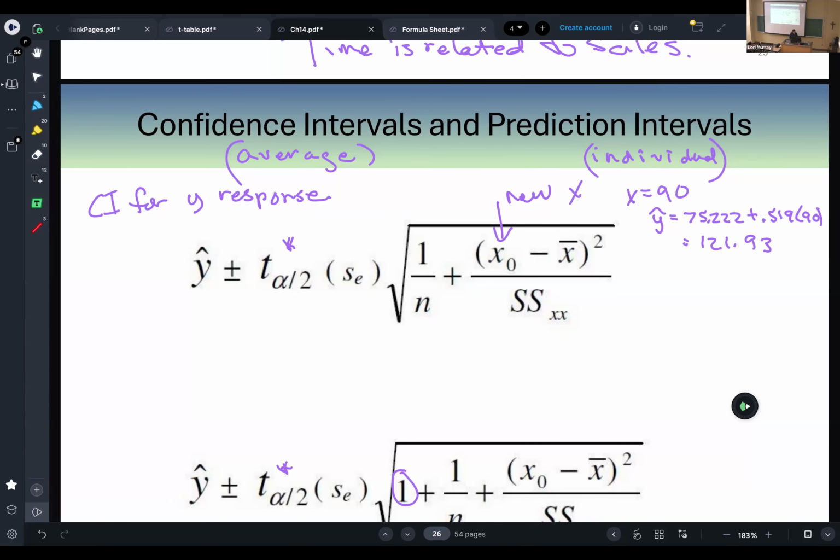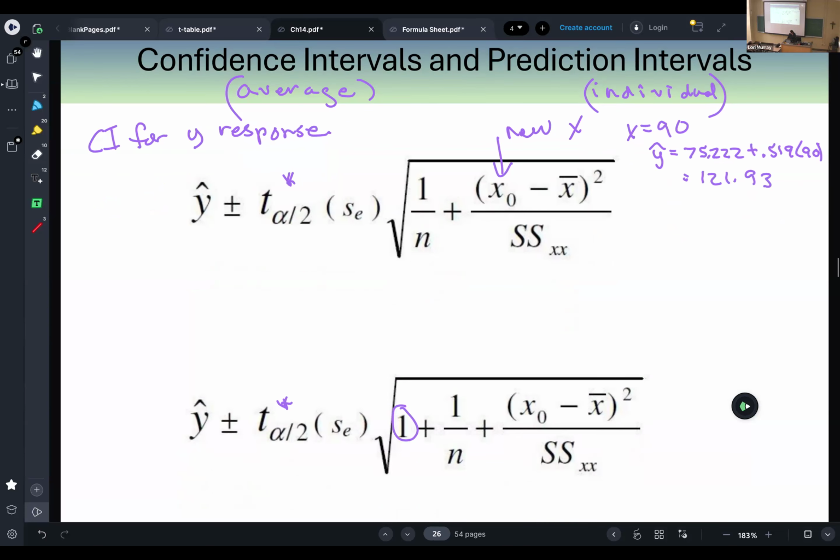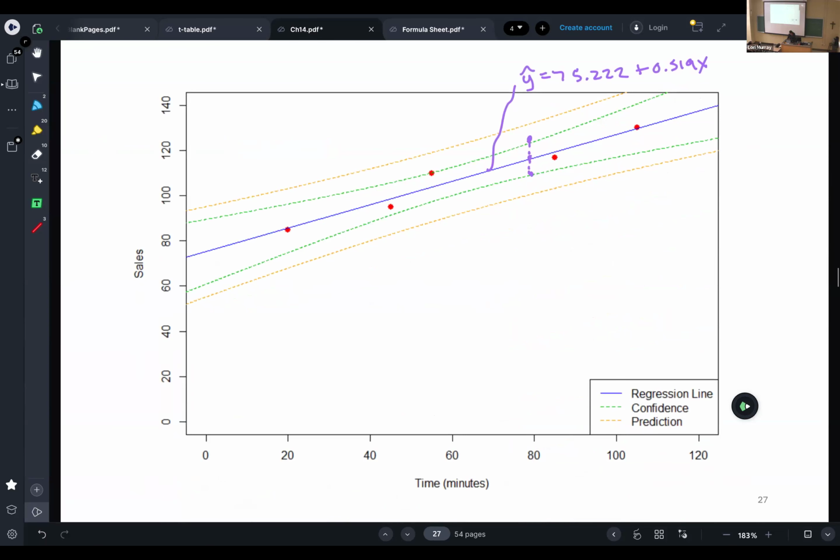And so that is going to be a sales prediction, but I know there's some error with it. I know it's a prediction on the line, but there's going to be some plus or minus. So I'm picking 90, which would be in between 80 and 100, so it would be about here.